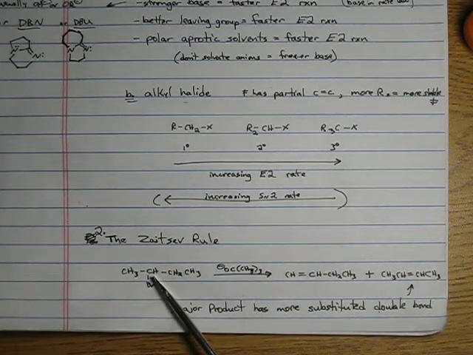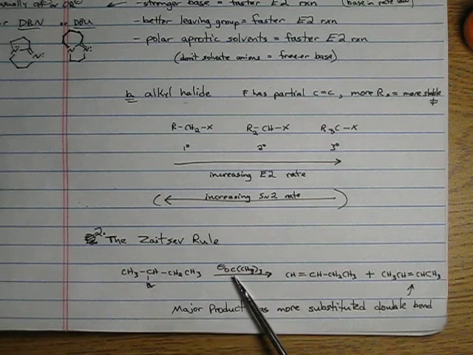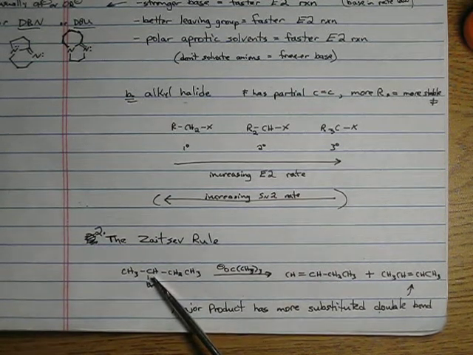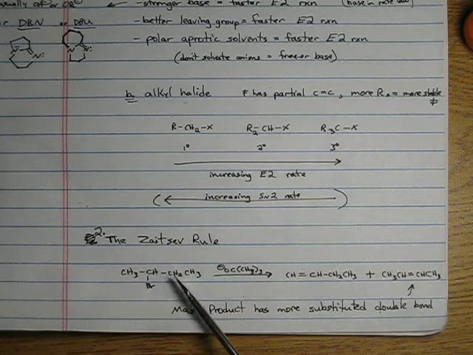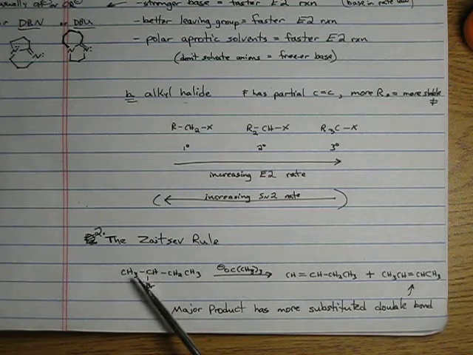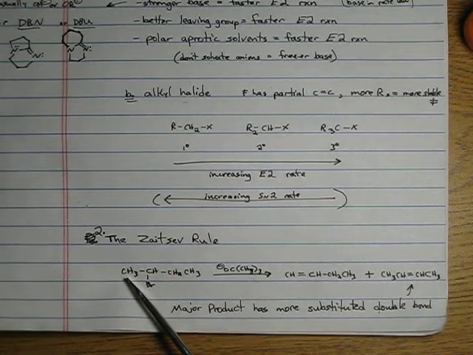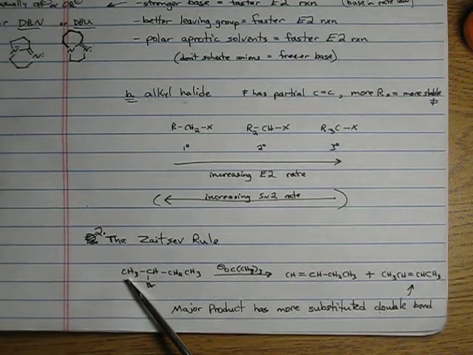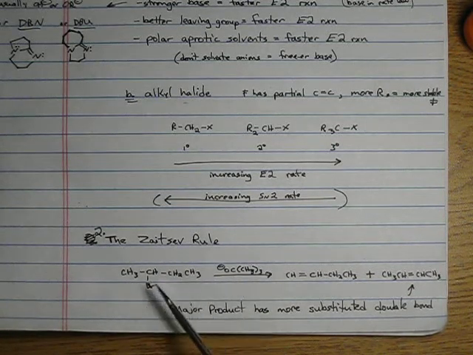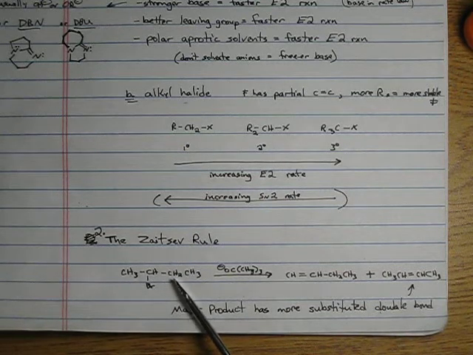If we add a base, we're going to add tert-butoxide here as our base, it can attack a beta hydrogen. Where are the beta hydrogens? Here's the carbon next door, there are 2 beta hydrogens there. Here is the methyl next door this way, 3 beta hydrogens there. So the question is, which hydrogens on which beta carbon will the tert-butoxide attack, the methyl or the methylene? Turns out it'll do both.